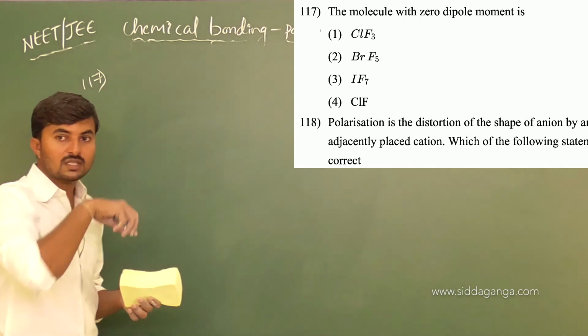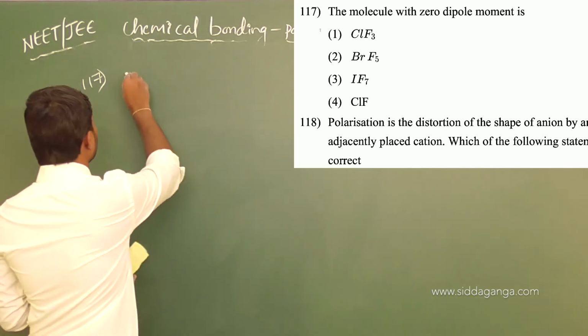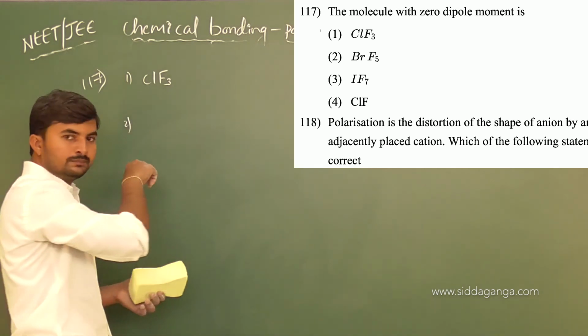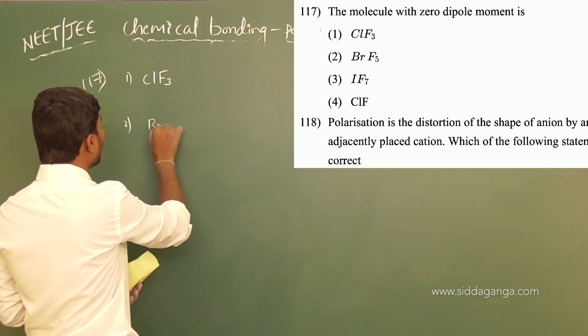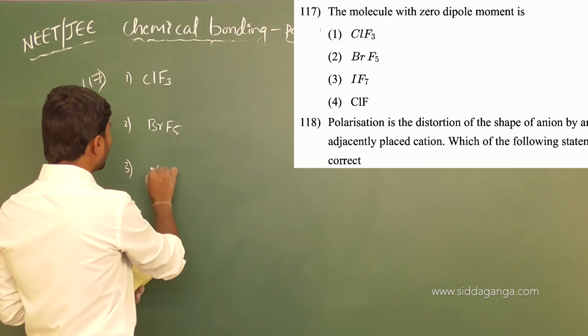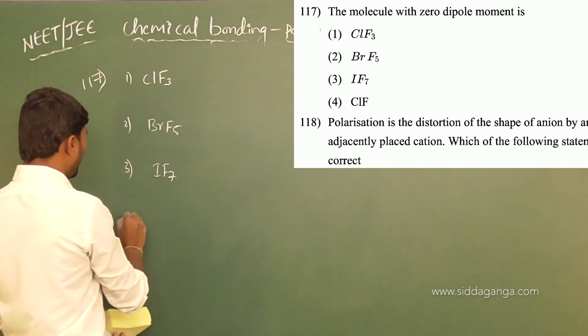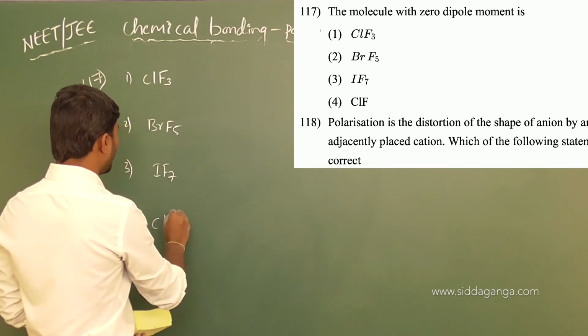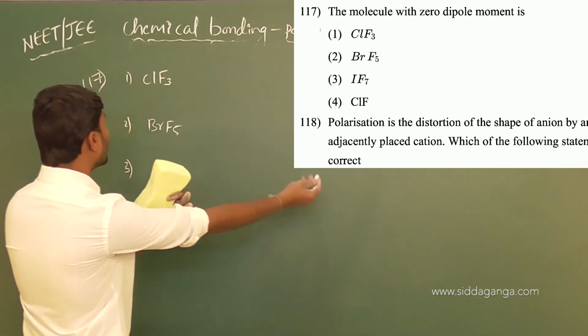Okay, first one, which is the question here? The molecule with zero dipole moment is, the first option ClF3, second one BrF5, third one IF7, and fourth one ClF. So first we have to identify the shapes of these molecules.